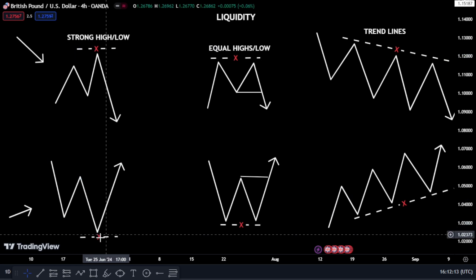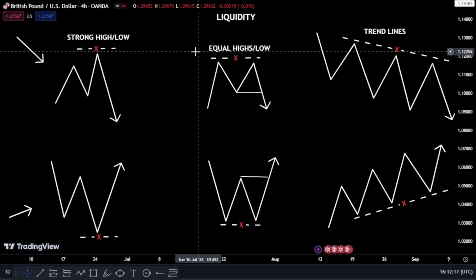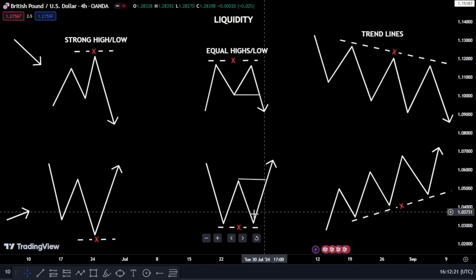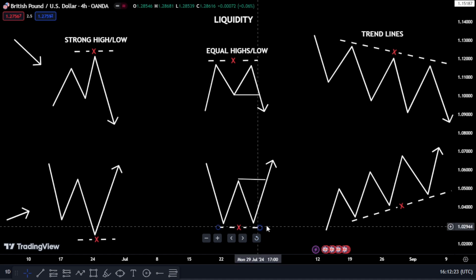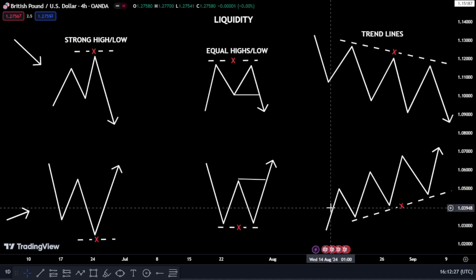For the strong lows, we have the sell side liquidity. Also, for the equal highs, we have the buy side liquidity, and for the equal lows, the sell side liquidity. And then your trend lines, all those are liquidity pools for the big banks to actually manipulate the trade.